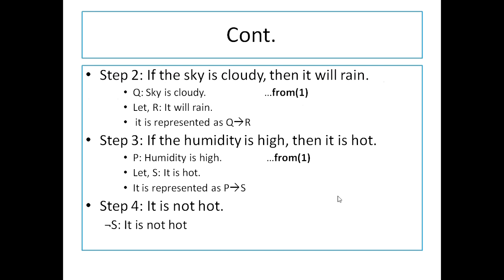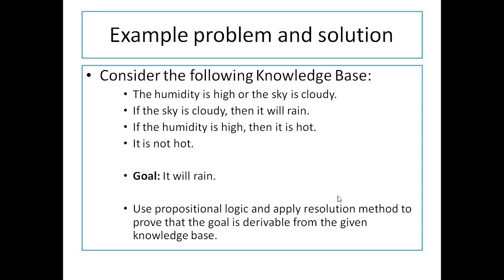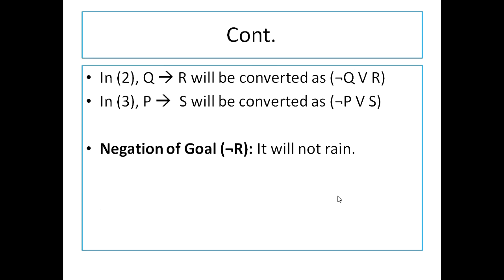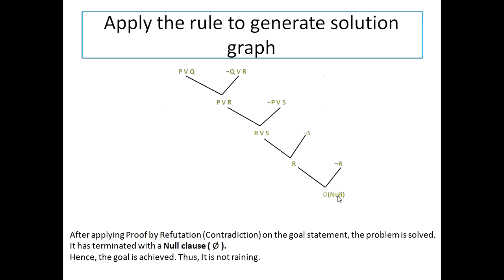The goal statement is what? It will rain, right? So we have used the notation R. So now we have to negate that R. So negation of R denotes it will not rain. Now we have to prove this goal statement by relating the necessary clauses together.